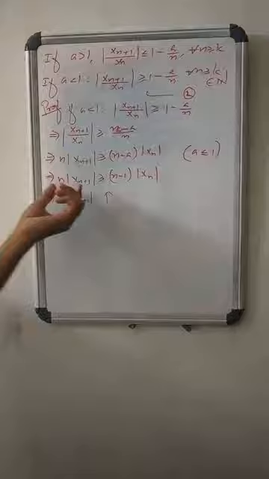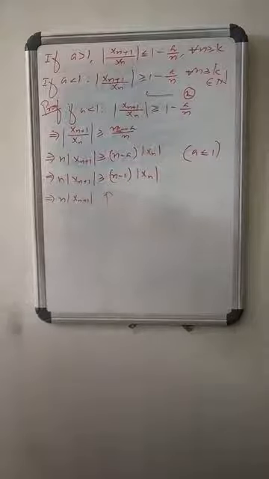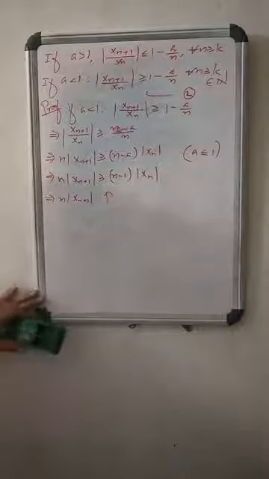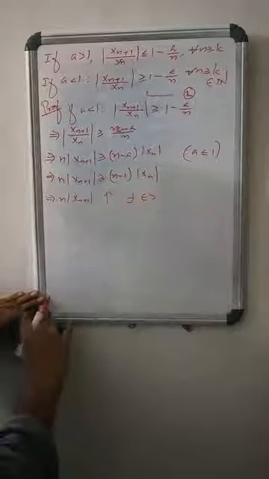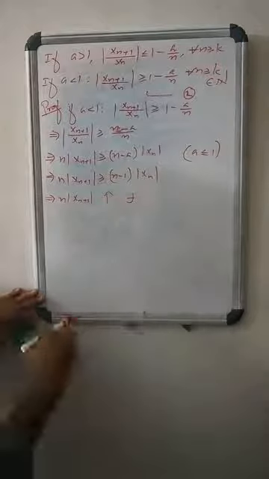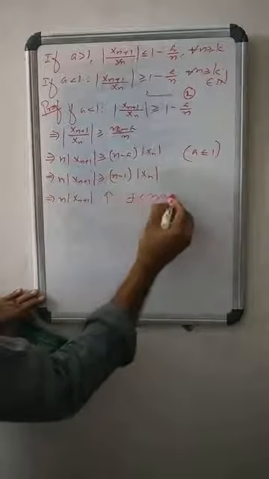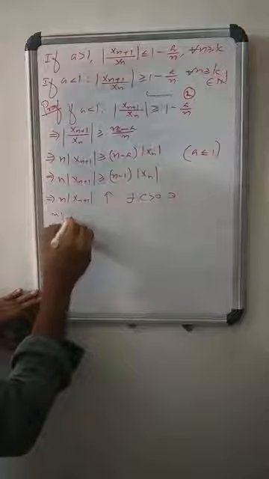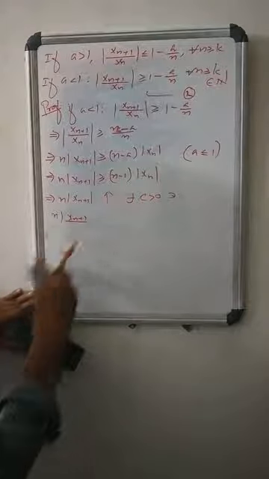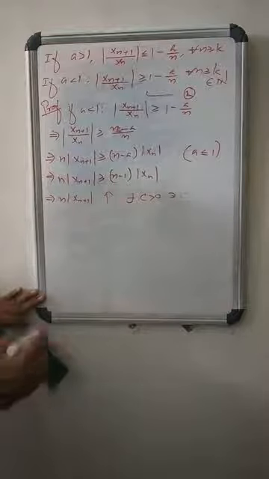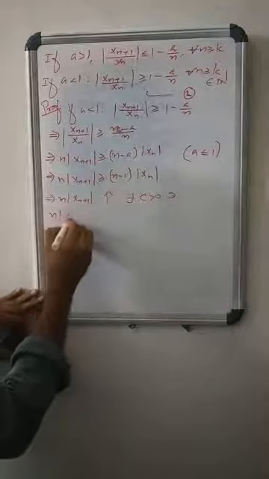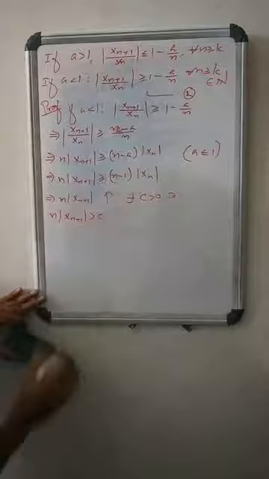Clearly n into xn+1 is an increasing sequence. That means there exists some c greater than 0 such that n into modulus of xn+1 is strictly greater than c.